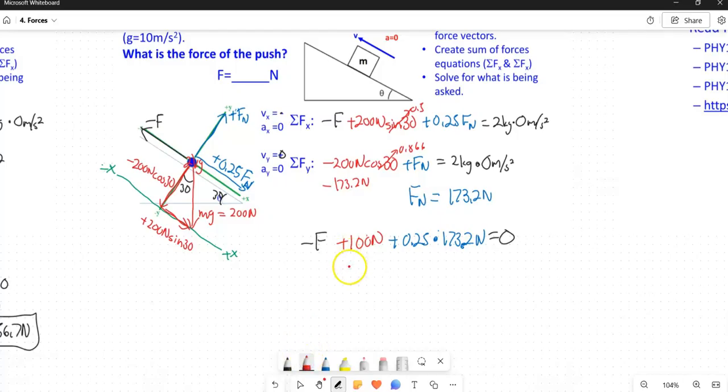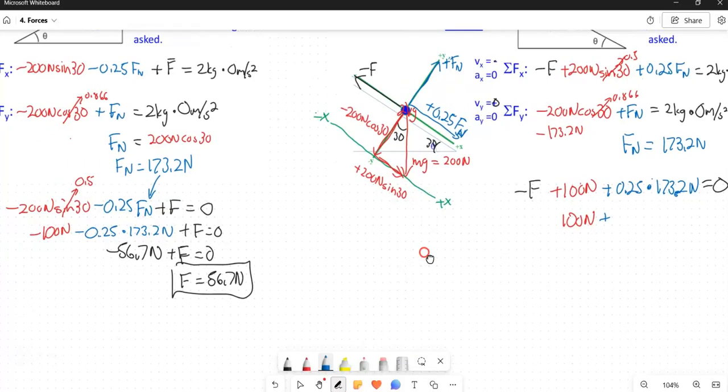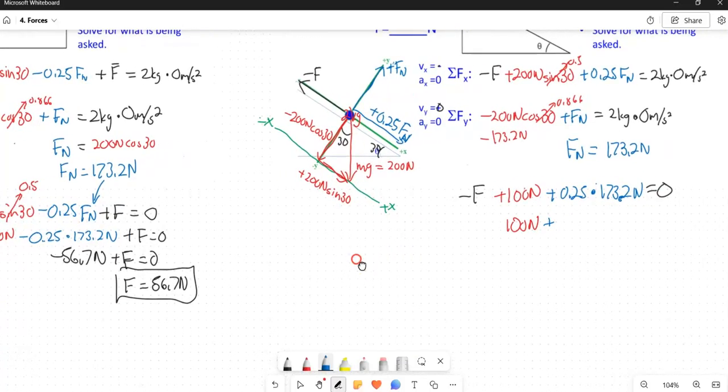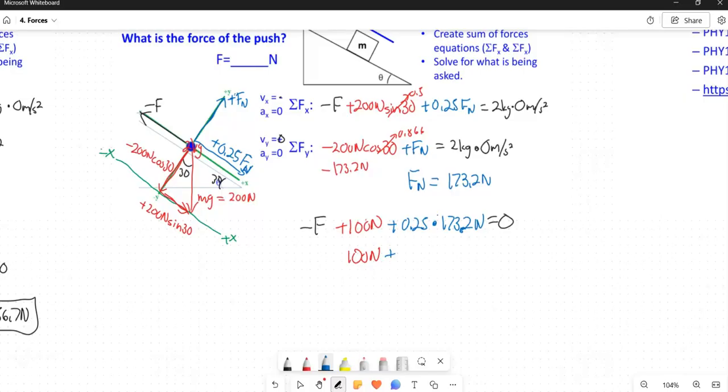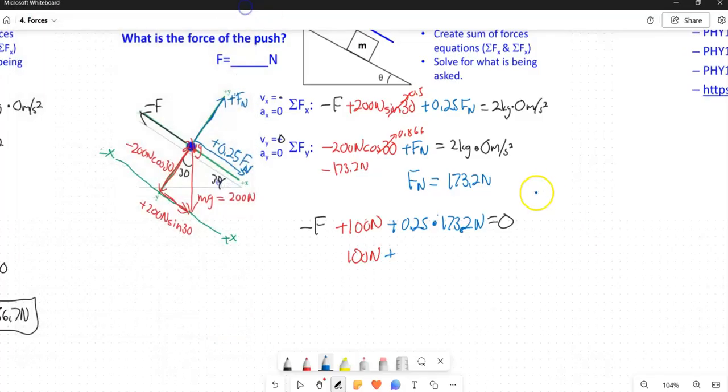So now we got 100 newtons plus, what is that? I forgot. 173.2 times 0.25, what is it? 43.3. So this is 43.3 newtons, and we're adding the F onto the other side.